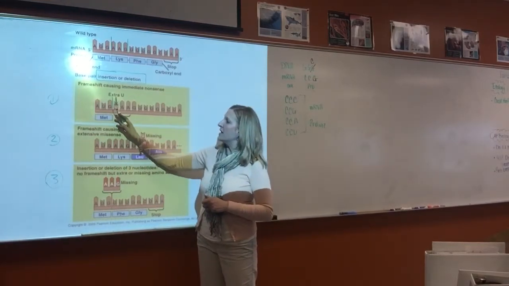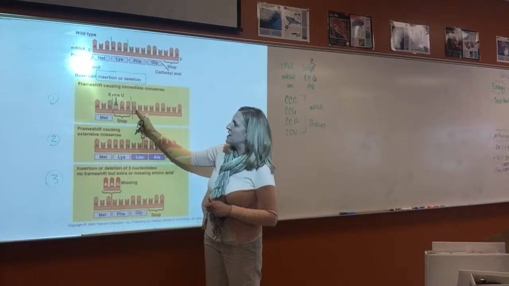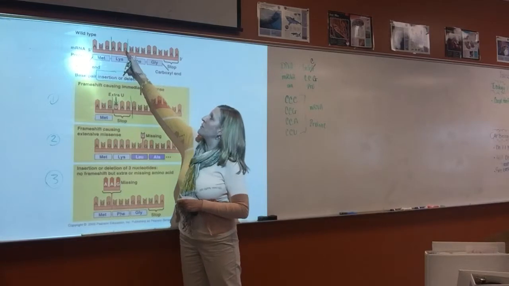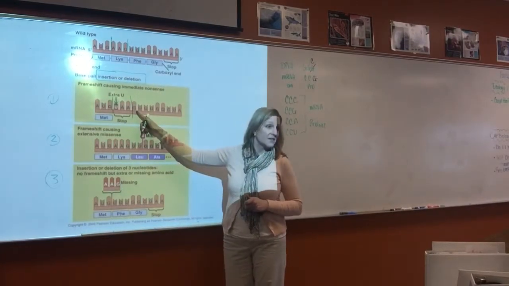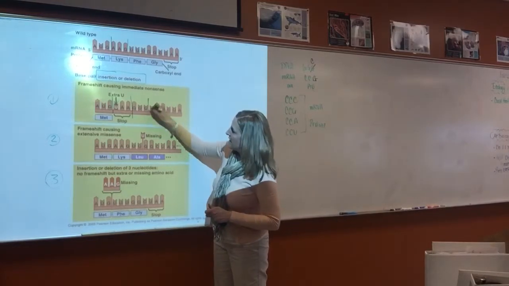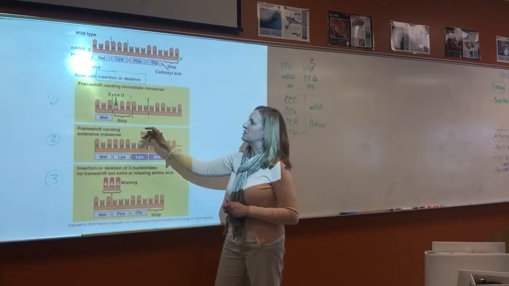So now if you add in a U, then the next codon, instead of being AAG, is now UAA. And that G becomes the first base of the next codon. So the UUU is still there, but it's not the next codon because it's going to be GUU, and so on and so forth. So it's all shifted to the right in this case.